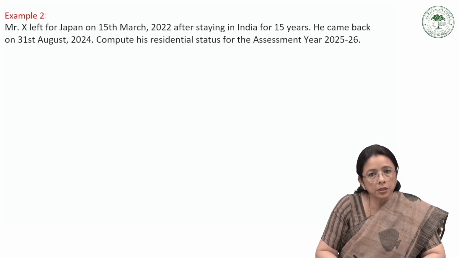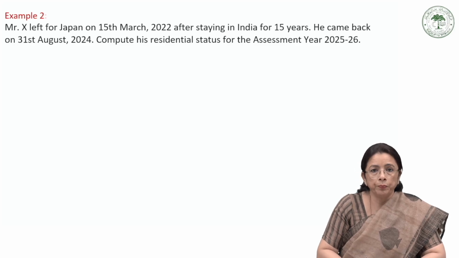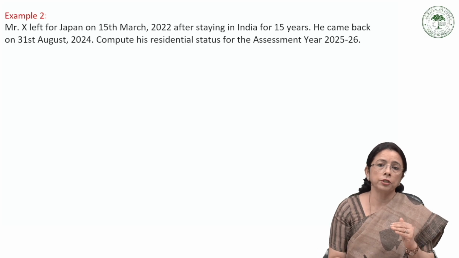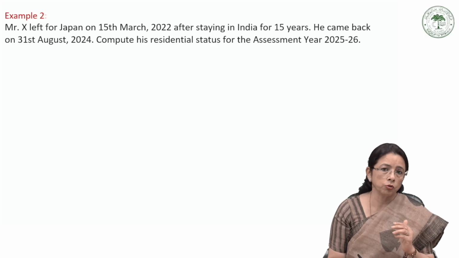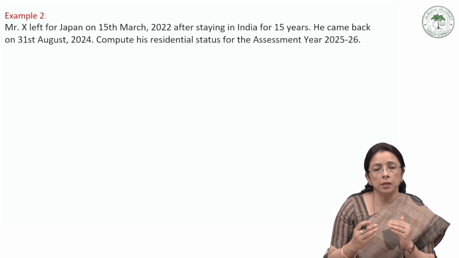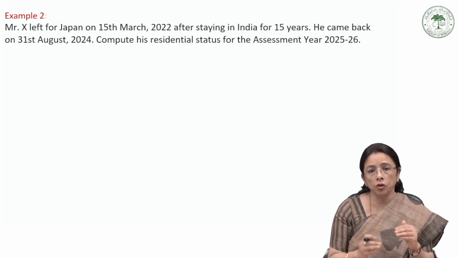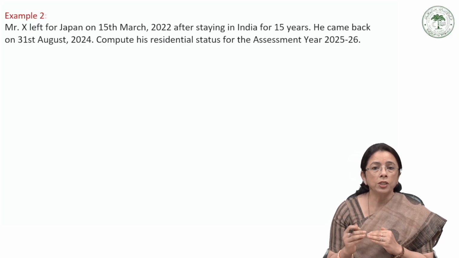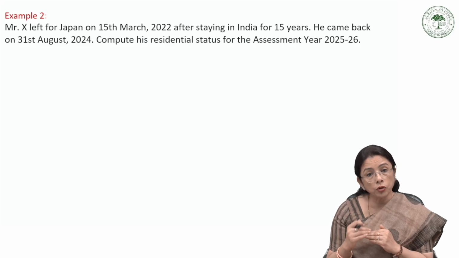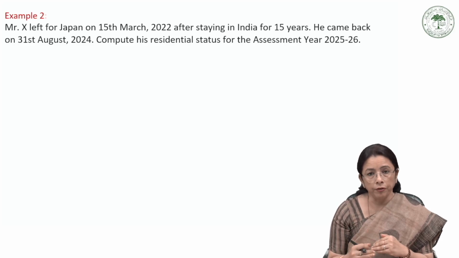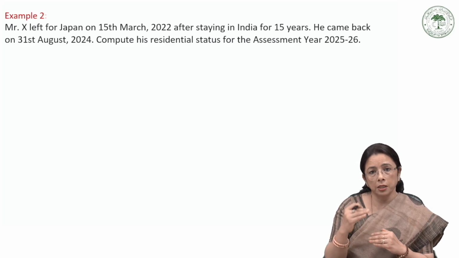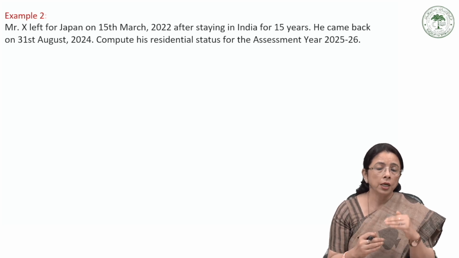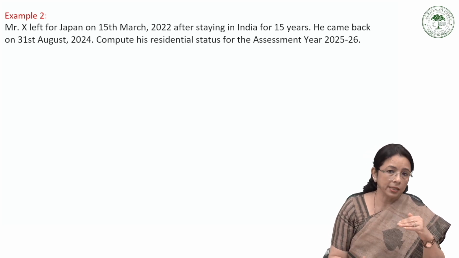There are two basic conditions out of which any one condition has to be fulfilled, whereas after making a decision on the basic condition, we move on to the additional conditions, which are again two in number, and both have to be fulfilled. And once the person finally fulfills both the conditions, we decide his residential status.